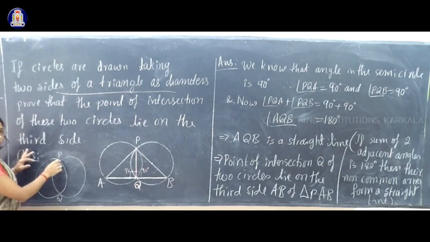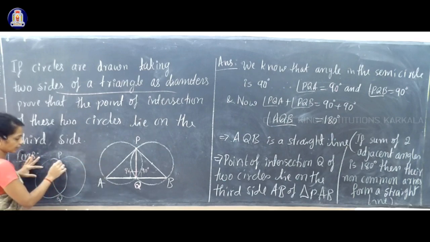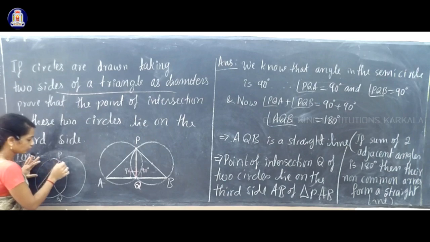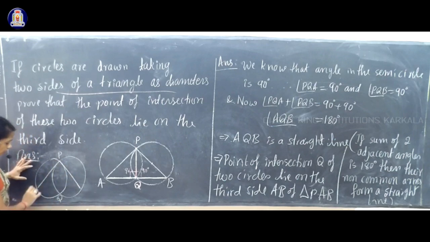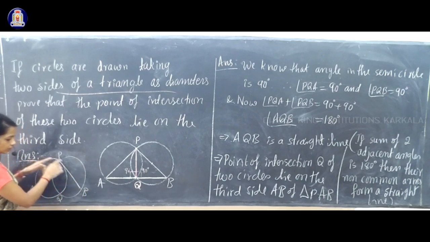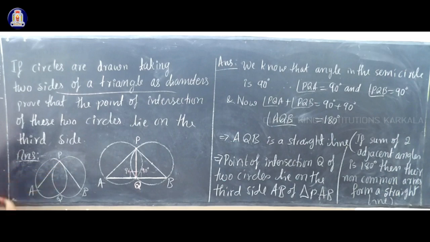After that, you have to draw two diameters, starting from P and through the center. This is not the exact figure. The exact figure is here. And through the point P, one more diameter of the other circle you have to draw like this. Okay, take those as PA and PB. PA and PB are diameters of these two circles which are intersecting at P and Q.